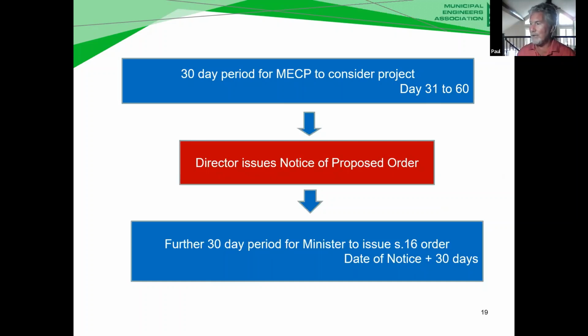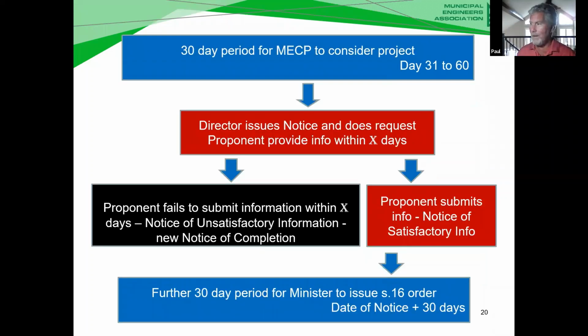So the director can issue a notice, and that starts the clock ticking on a further 30-day period. So this is kind of from day 60 to 90, or 61 to 90. So there's been a notice that you're likely going to get an order, and there's another 30 days for the order to follow. Unless, of course, the notice says, well, we need more information.